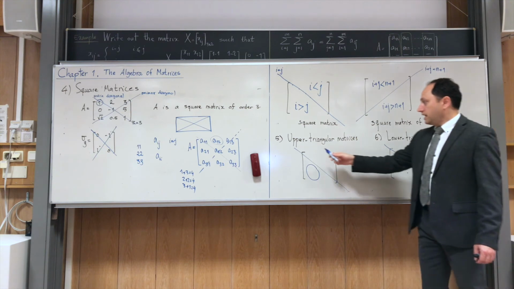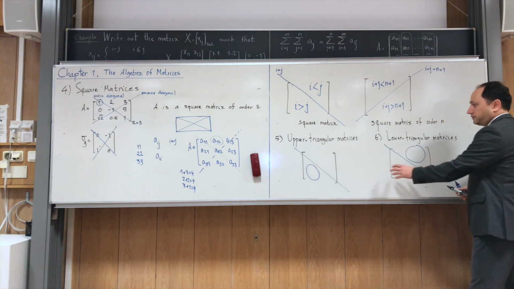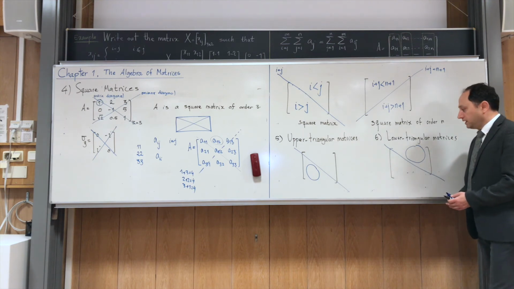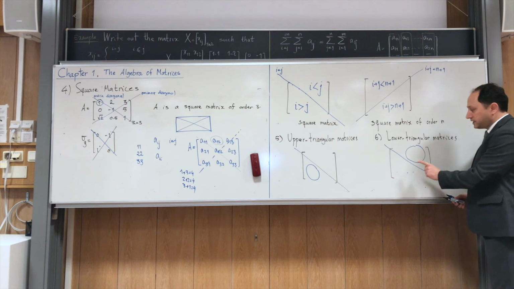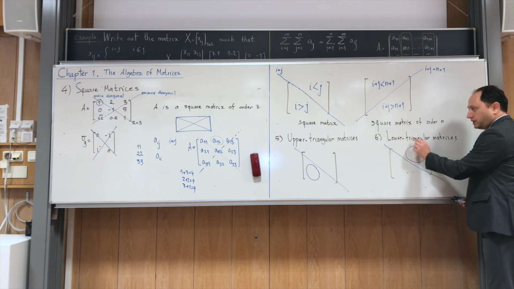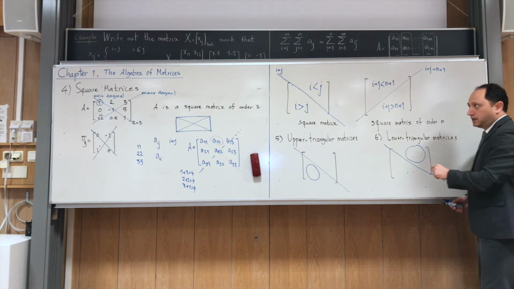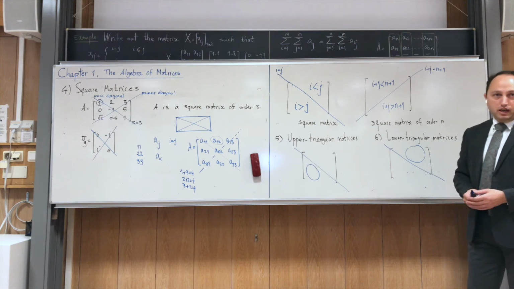So the adjectives upper and lower don't refer to the zeros, they refer to the non-zeros in principle. But I'm not saying that these are non-zero. What I'm saying is that if above the main diagonal everything is 0, it's called lower triangular. Below the main diagonal, everything is 0, it's upper triangular.